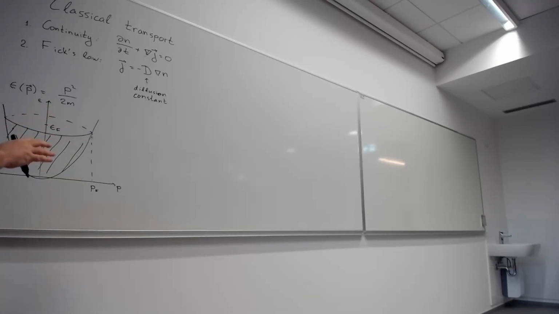And if temperature is not zero, there is some Fermi distribution function. It's a bit smeared here, so there are some empty states below the Fermi energy and some filled states above the Fermi energy, but more or less the picture looks like this from far away. So only the electrons near the Fermi surface actually contribute to transport.